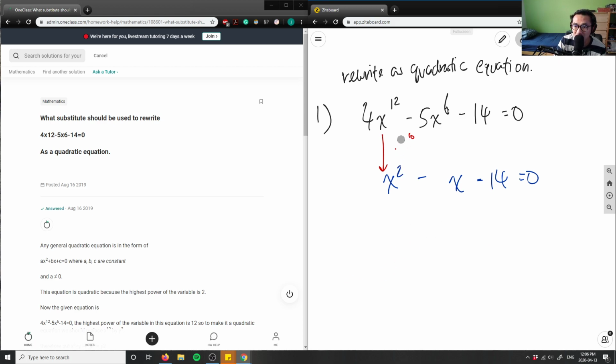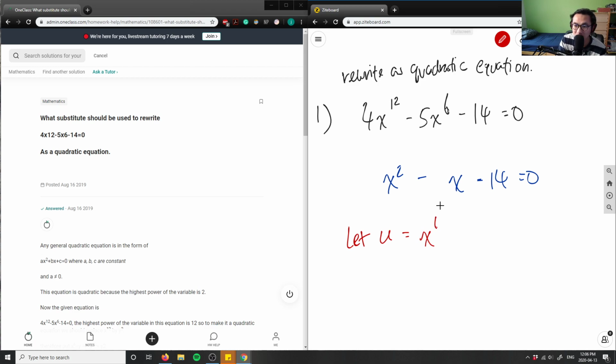So I have to find another substitution. The only valid solution in this case is, instead of doing this operation, I'm going to do something called a direct substitution. I'm going to let u, or some other variable, equal x to the 6.